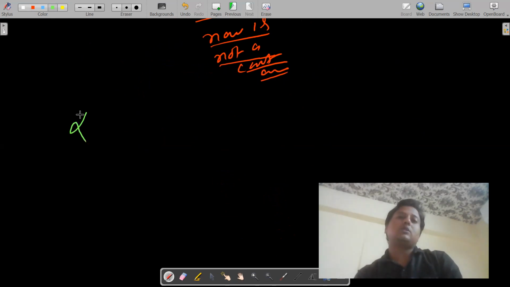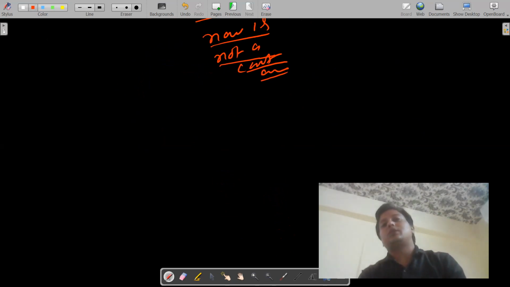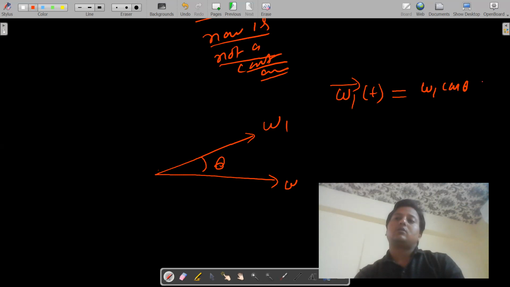So what will be the relative angular acceleration at any time t? We can say that suppose omega 1 comes from here to here making some angle theta. So what will be omega 1 now? Omega 1 at any time, or any theta, will be omega 1 cos theta i cap plus omega 1 sin theta j cap.